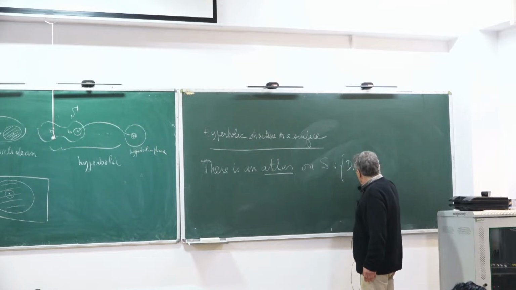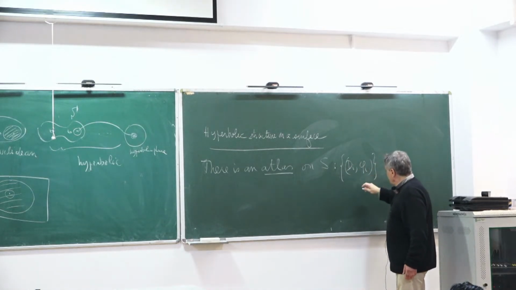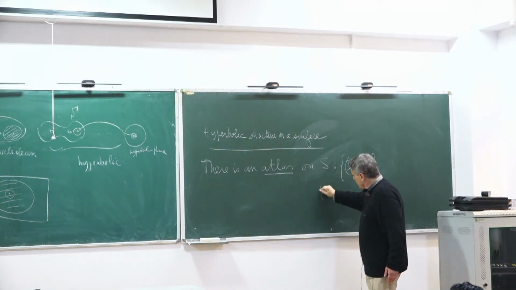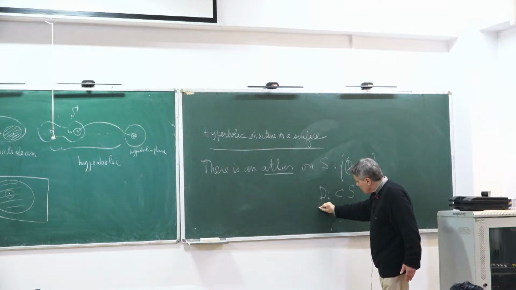a collection of D_i, phi_i, where for each i, D_i is a subset of my surface here. I want to take it simply connected.